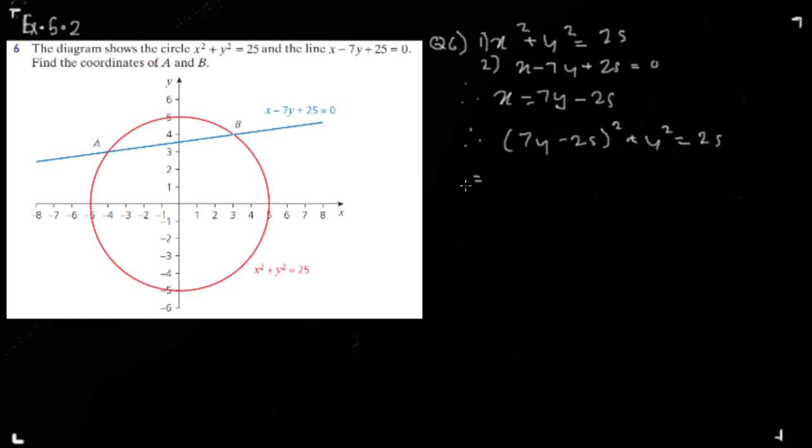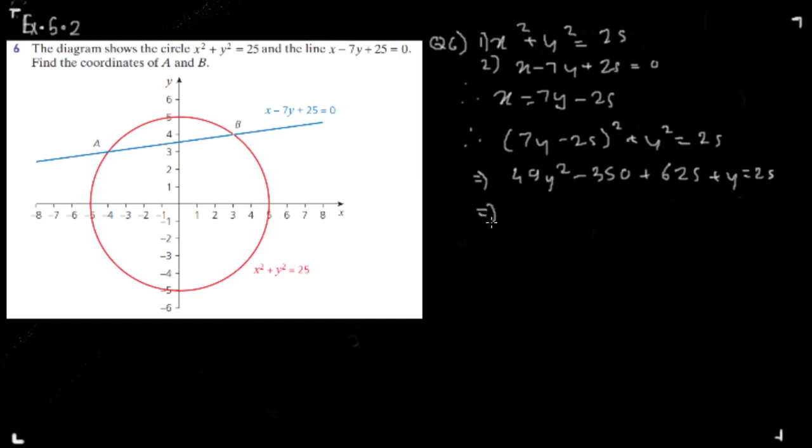So then from there, we're going to get 49, my bad, how did I mess that up? 49y squared minus 350y plus 625 plus y squared equals 25, right?